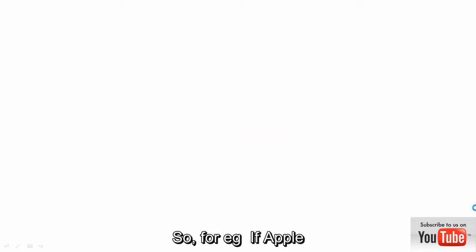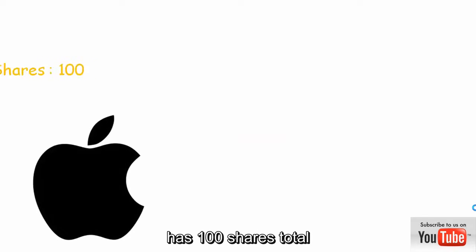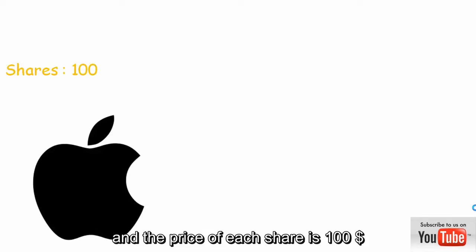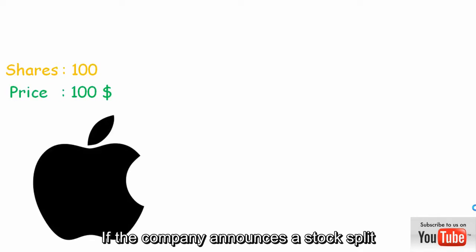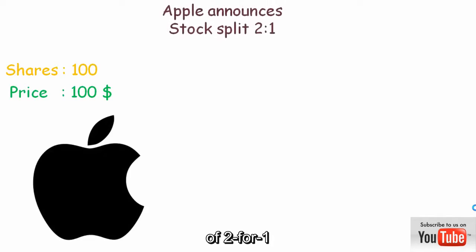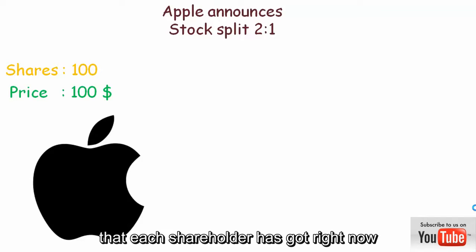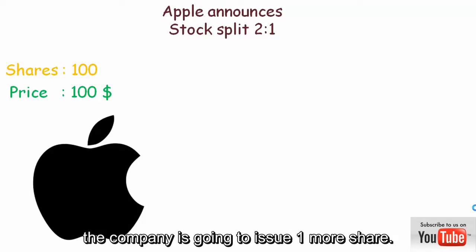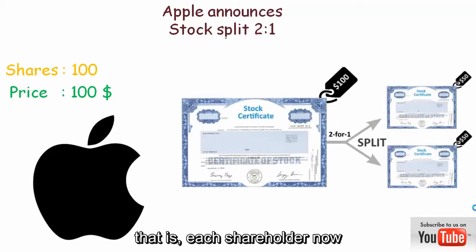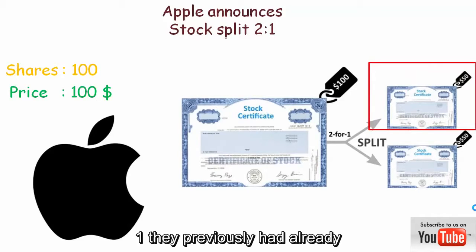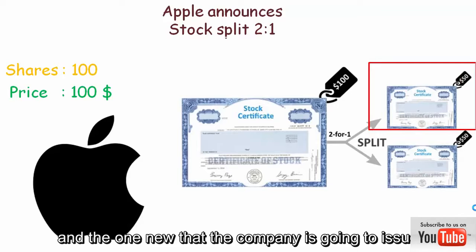So, for example, if Apple has 100 shares total and the price of each share is $100, then if the company announces a stock split of 2 for 1, that means for every one share that each shareholder has right now, the company is going to issue one more share. That is, each shareholder will now have two shares, one they previously had already and the one new that the company is going to issue.